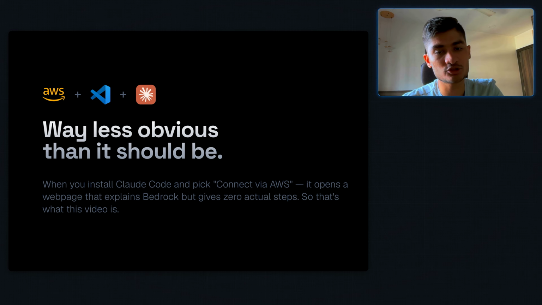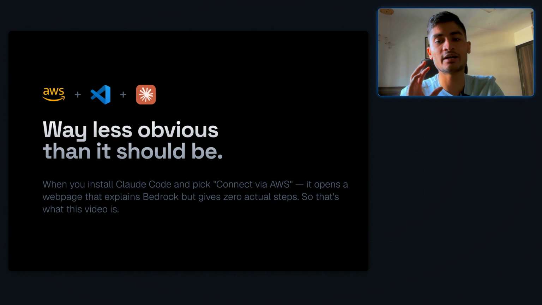You click the AWS option and it opens a website that basically just says, here's what Bedrock is, no actual instructions. So in this video, I'm going to walk you through the full steps from zero so that by the end, Claude is running inside your IDE like VS Code and pulling directly from your AWS credits. No Anthropic subscription needed and no API key costs at all.